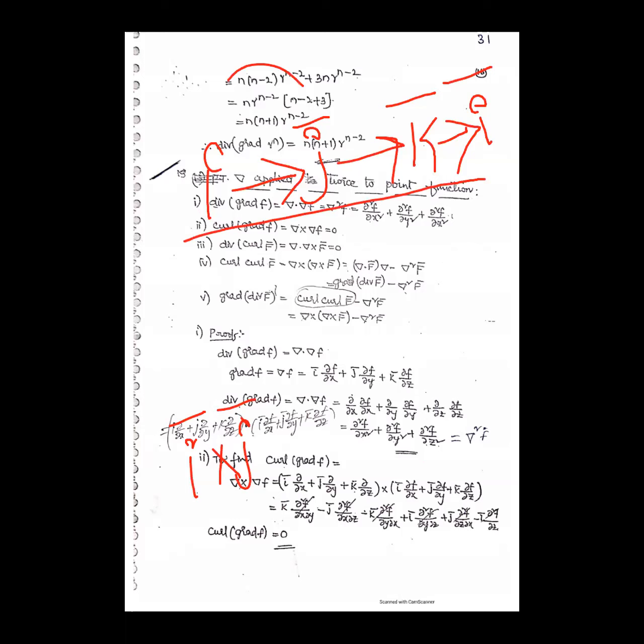Suppose the direction is interchanged, then we get minus. So i cross j equals k. For example, if the condition is reversed, j cross i is the backward direction, so minus k.